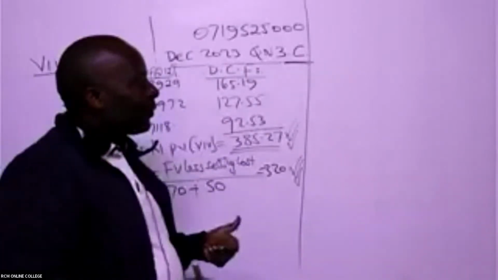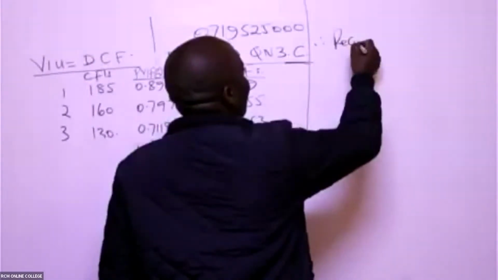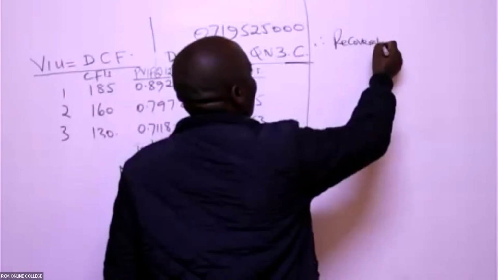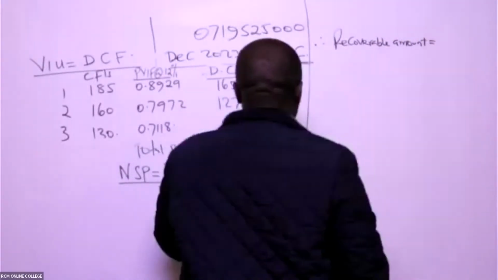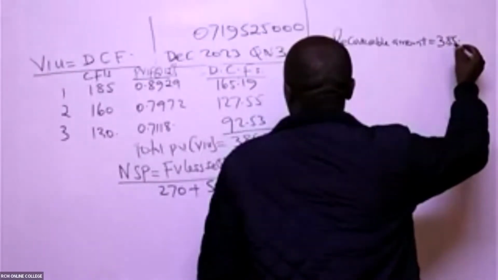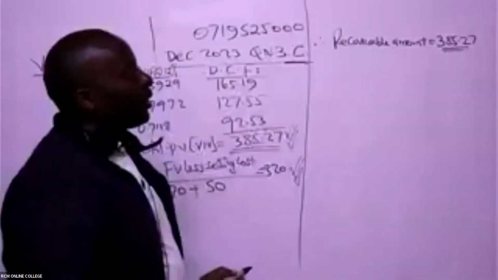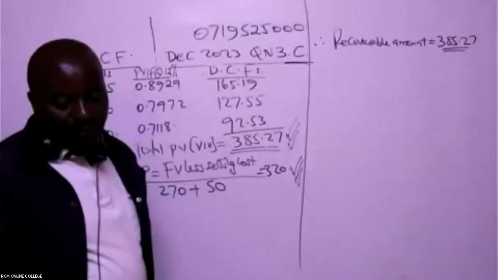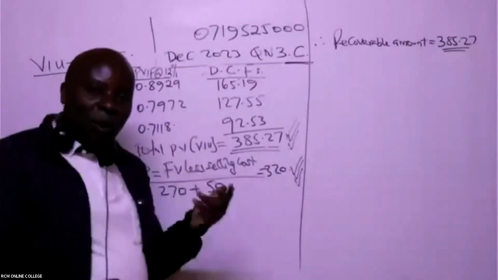So recoverable amount will be the higher of the two, which is 385.27. You compare the two and pick the higher always, because it's about common sense.